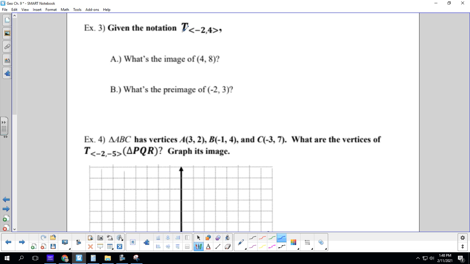Example 3, given the notation, translation (-2, 4), what's the image of (4, 8)? So remember, we're going to go left 2 places and up 4. So our new image would be at (2, 12). What's the pre-image of (-2, 3)? So we are going to go backwards.